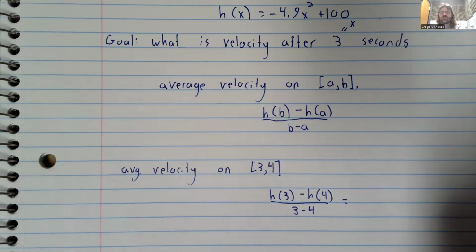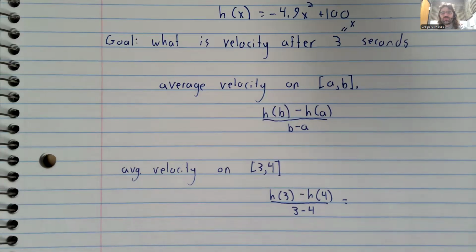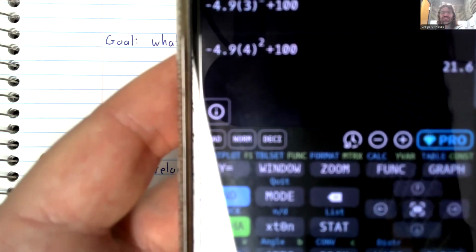And now we have to go to our calculator. I know the quality isn't great. This computer I'm on doesn't have software that I can just share screen with, so sorry about that. But here's h of 3, here's h of 4.